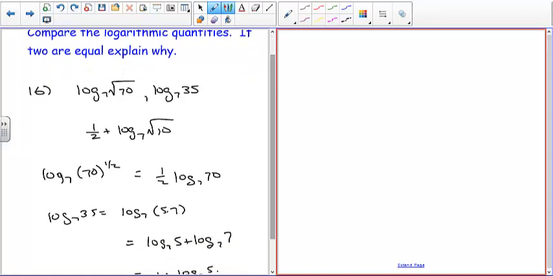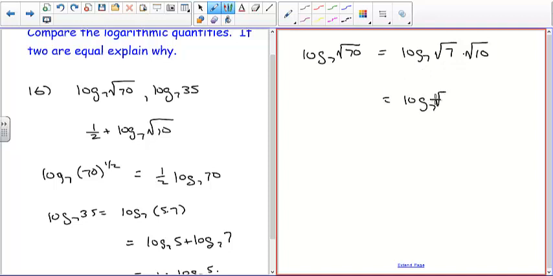So if you had log base 7 of the square root of 70, you could say that's equal to the log base 7 of the square root of 7 times the square root of 10. Now that is going to be equal to the log base 7 of the square root of 7 plus the log base 7 of the square root of 10.